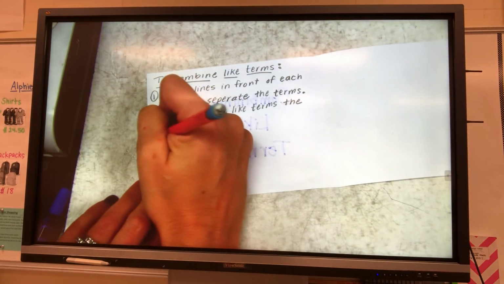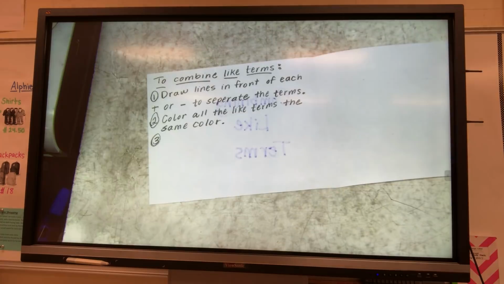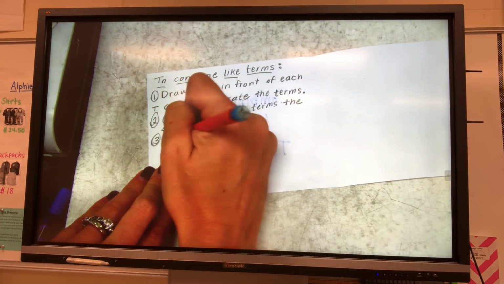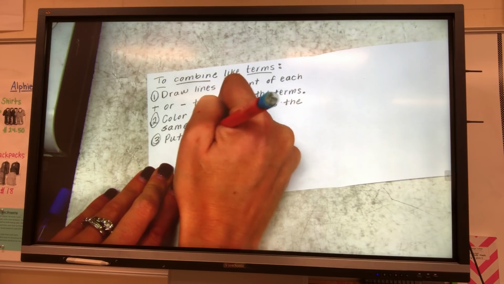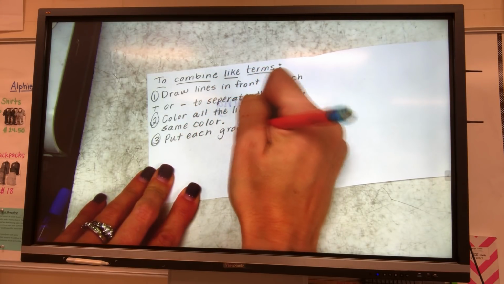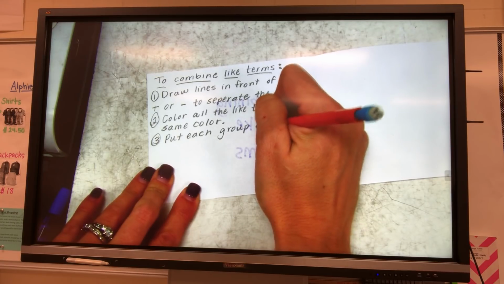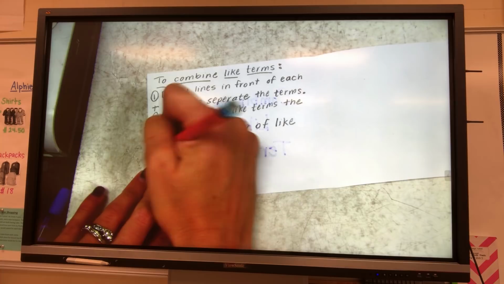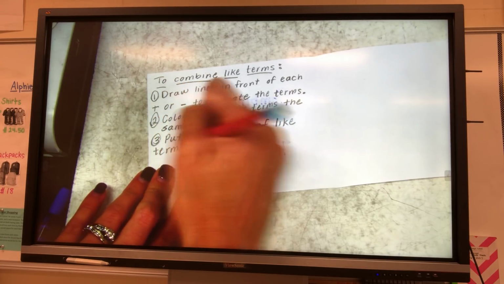Number 3: put each group of like terms together.